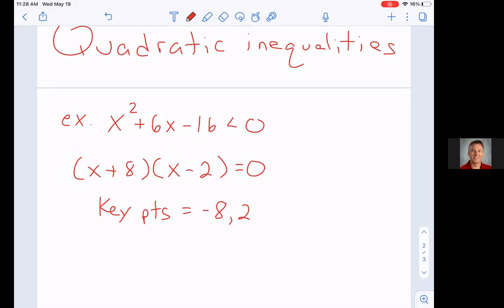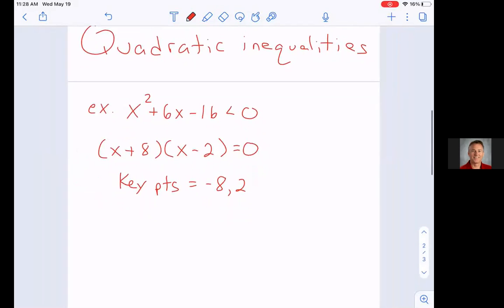So then we just put those key points on a number line. And that splits the number line into 3 regions. So let's say -8 is over here, +2 is over here. And we want to test each region.